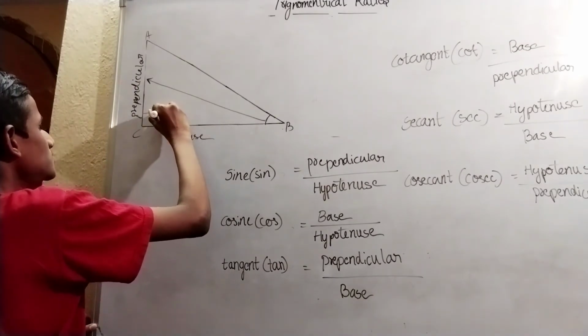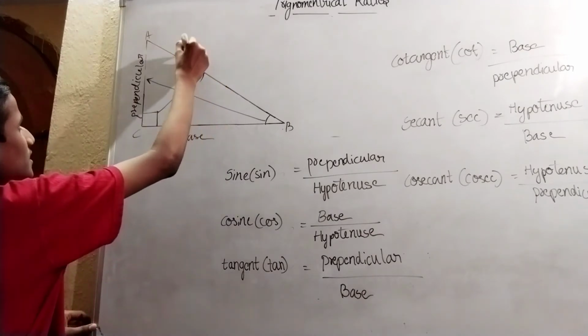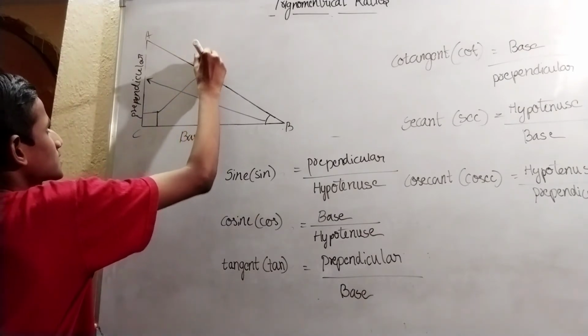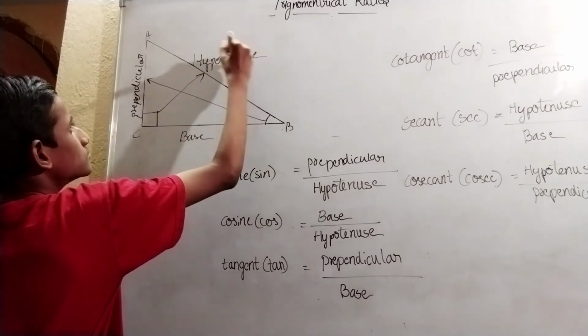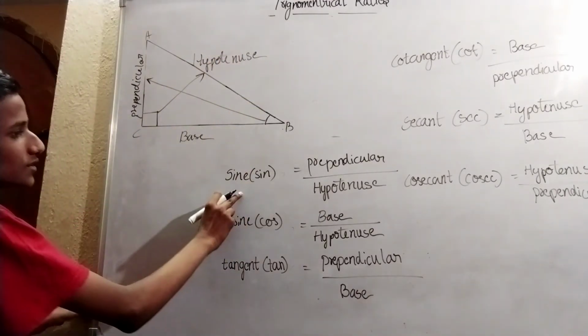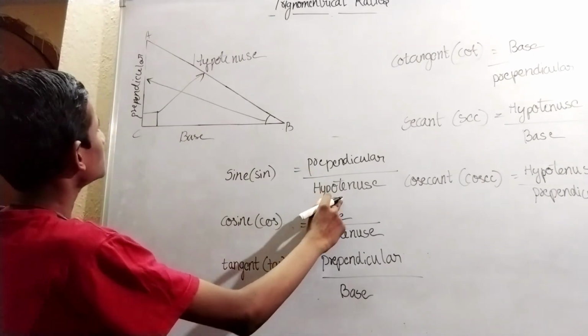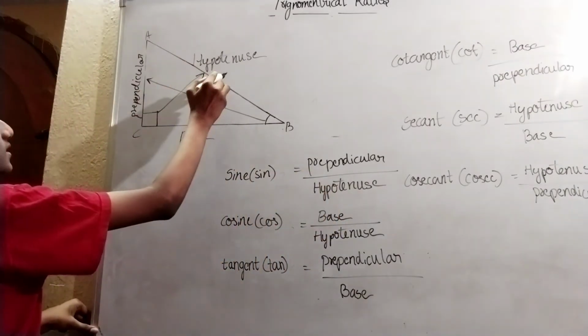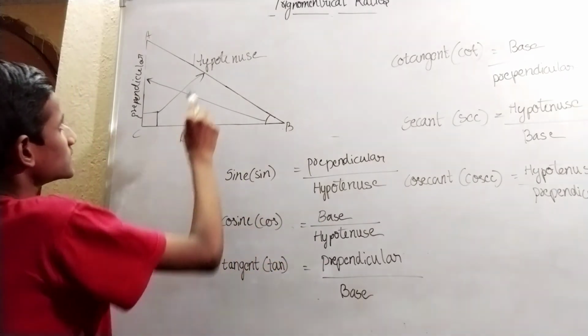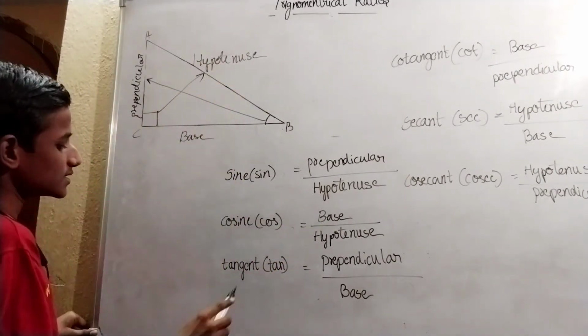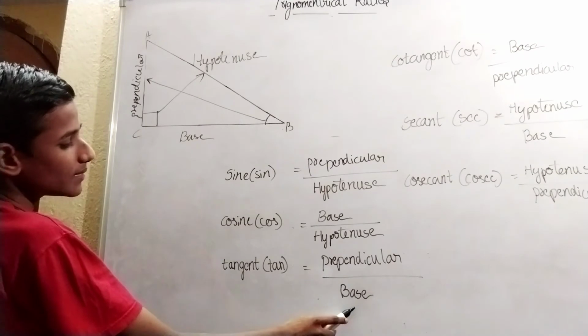And opposite to the right angle is hypotenuse. So sine means perpendicular by hypotenuse. Cosine means base by hypotenuse. Tangent means perpendicular by base.